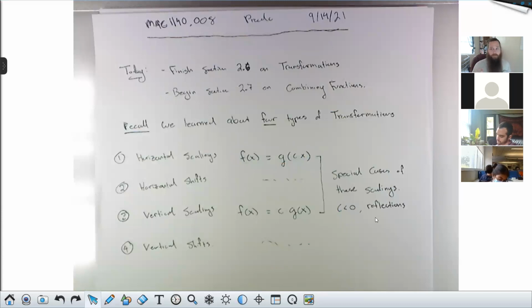It's actually two boxes. We call them even and odd. And the evenness or oddness of a function is determined by how it responds to a horizontal scaling where the constant is -1, which is a horizontal reflection, or a reflection over the y-axis. So I don't want to beat around the bush anymore. Let's just do it.